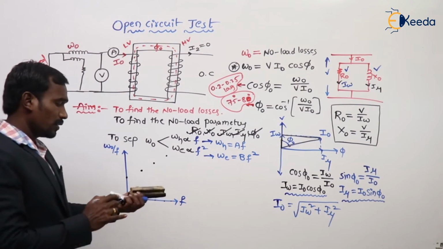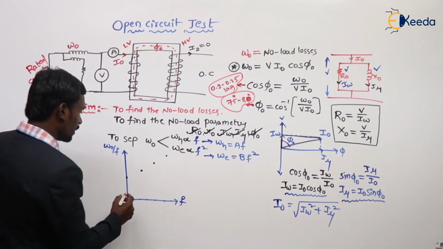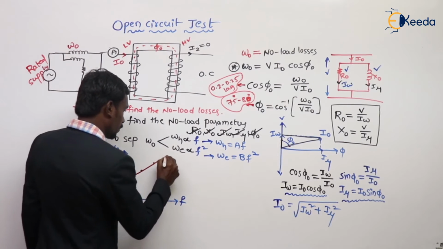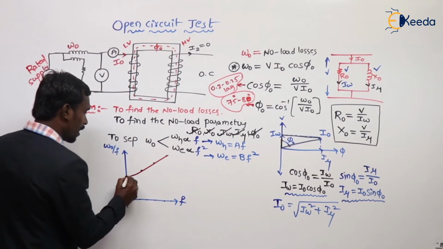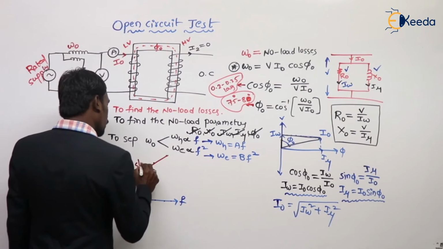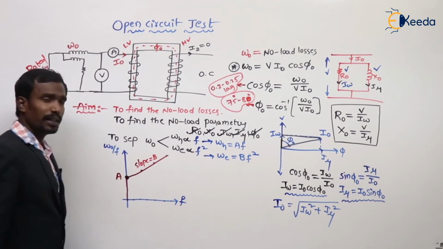If you draw the line, it goes like this. For example, this is some constant a and this is the line with some slope b.